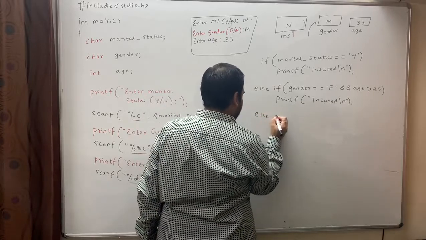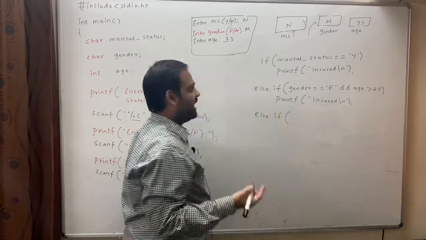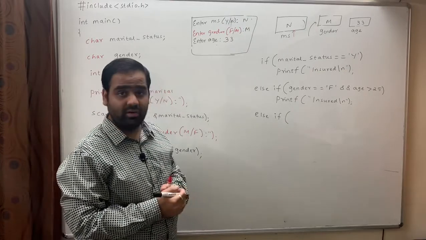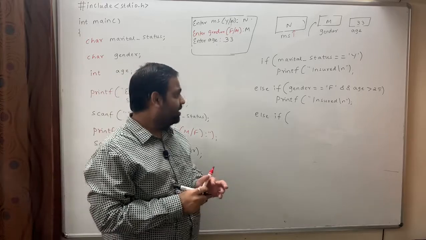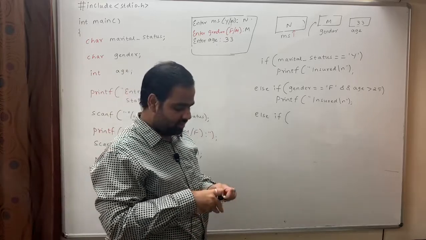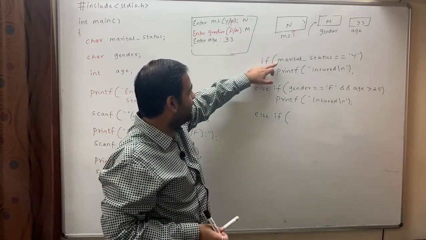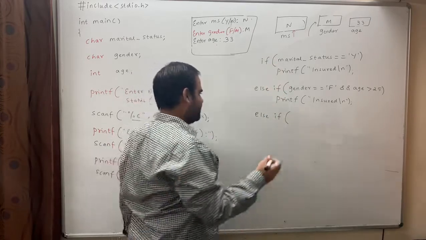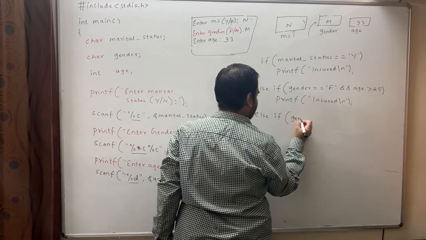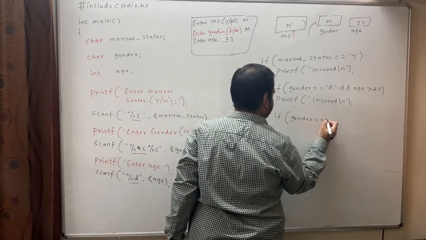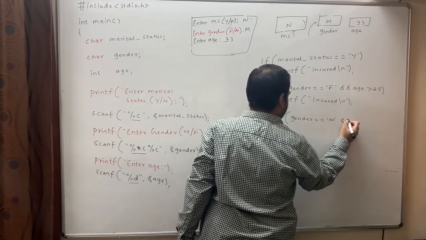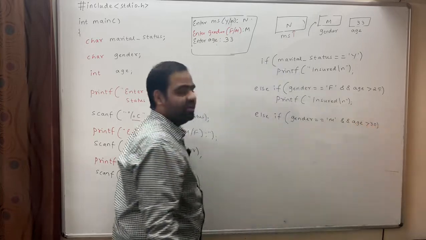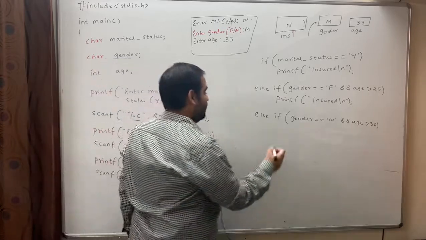Else if. Now the question comes, sir, shall I check gender or not over here? Yes. You need to check gender over here. Why? Because if the employee is unmarried, no, there is no point in checking marital status, but gender matters. Let's see. If I write if gender equal M and age greater than 30, then I have to say printf insured.